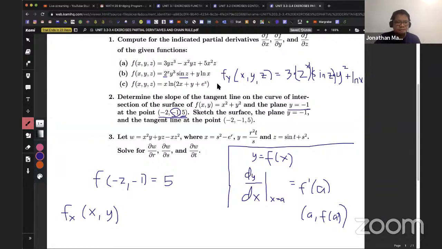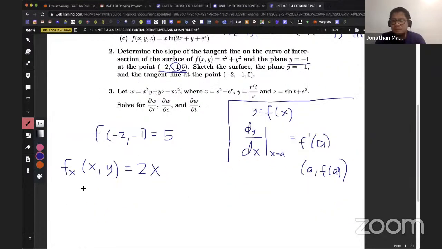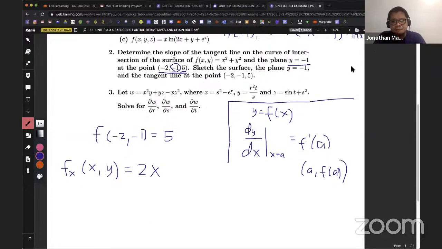Okay, very good. 2x. So the partial derivative is 2x. Now, you already have the partial derivative. What is the partial derivative evaluated at x equals, given a point, negative 2?